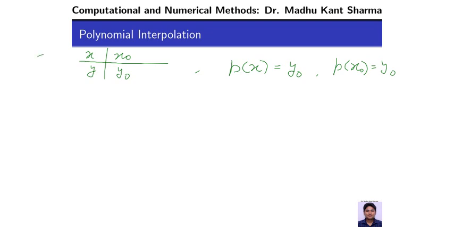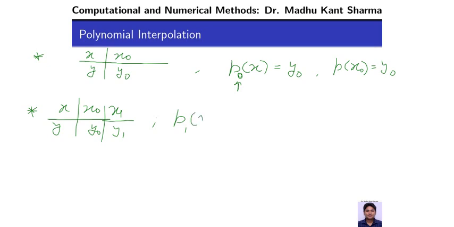Okay, so suppose one more additional point is given to you: x0, y0, and let's say x1 and y1. So we previously denoted 0 here, so that it denotes the degree 0 polynomial. Now let's say p1 of x for n equals 1.